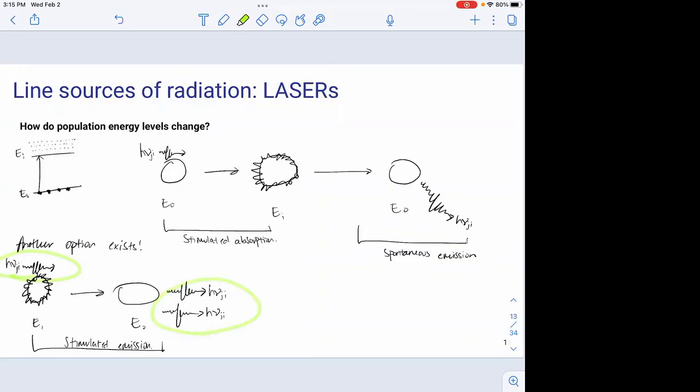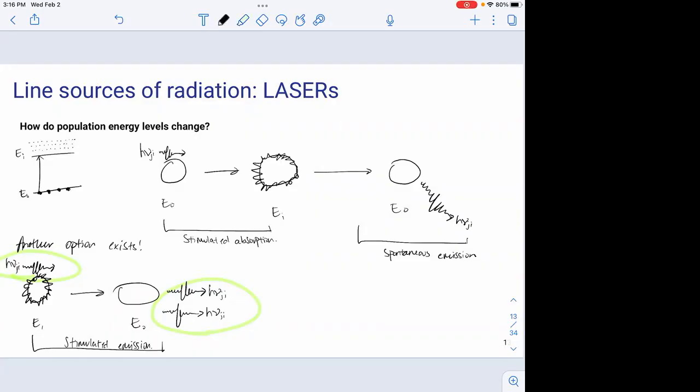All right, so if a photon of equal energy interacts with an already excited molecule, that atom dumps its excess energy in step with the incoming photon. So that's why I've drawn them exactly one on top of another in the same phase.